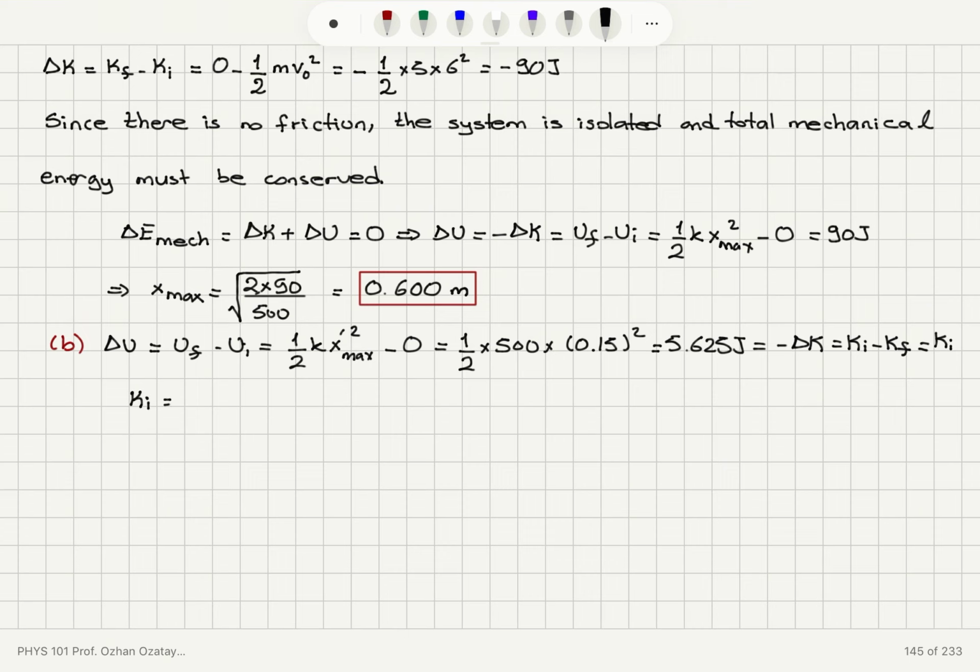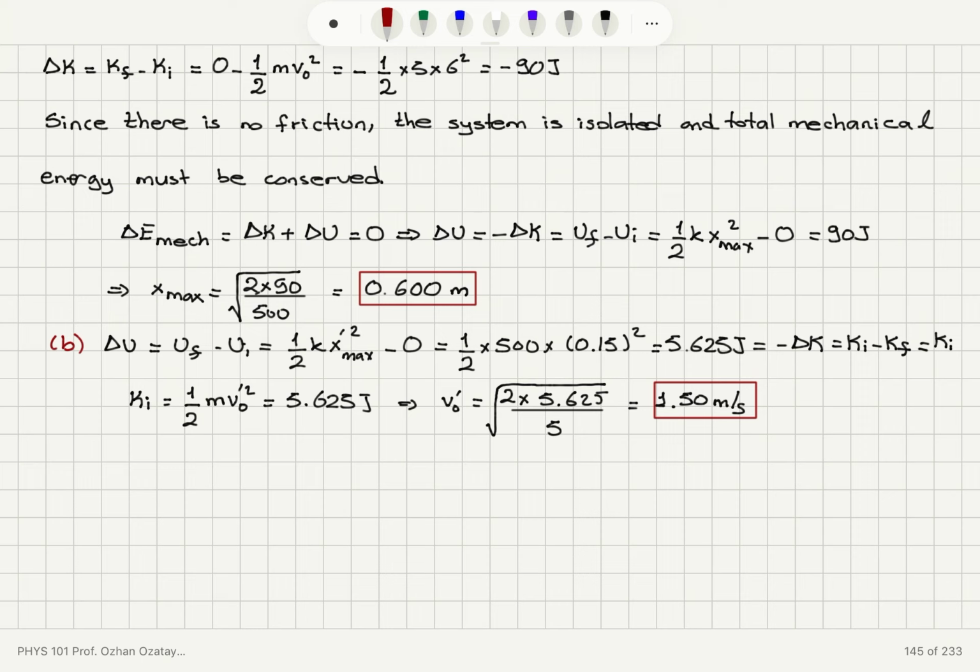So K initial, which is 1/2 m V0 squared, now this is V0 prime, this will be 5.625 joules, and therefore we find V0 prime, the new value of V0, to be the square root of 2 times 5.625 joules divided by the mass, which was 5 kilograms, and that gives us 1.50 meters per second for V0.